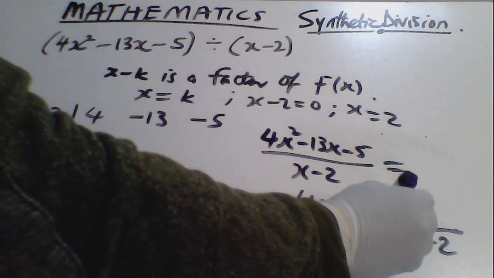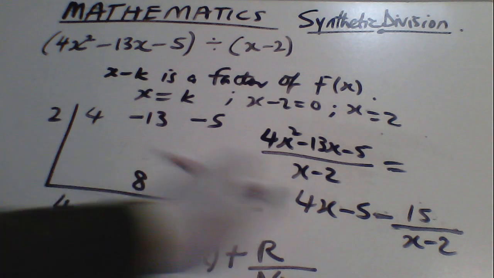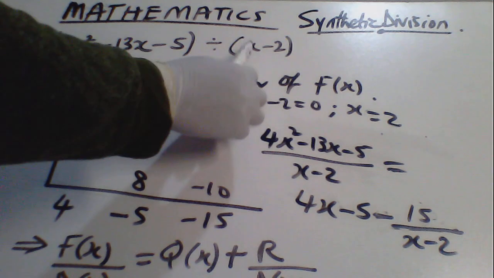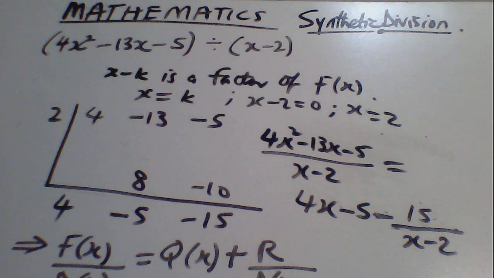So when you divide this polynomial by x minus 2, the result is equal to 4x minus 5 minus 15 divided by x minus 2.